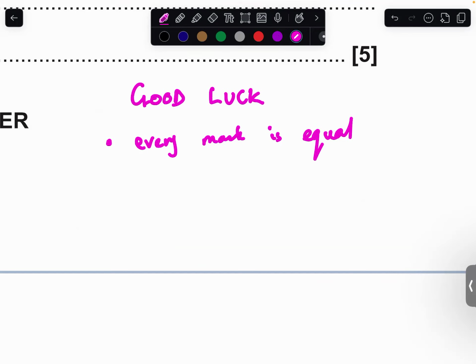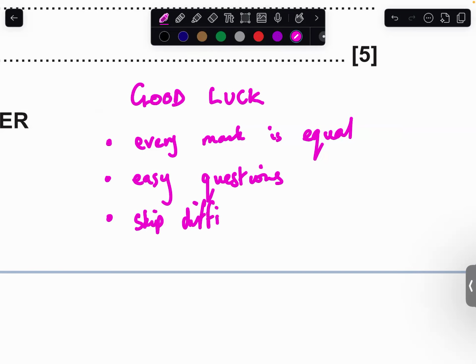Every mark is equal, whether it's from a difficult question or an easy question. So what you should really be doing is skim through the whole paper and do the easy questions first. While you're doing them, your supercomputer brain is already processing the difficult ones. And any hesitation, skip the question and come back to it after. Skip difficult or time-consuming questions and come back to them after.